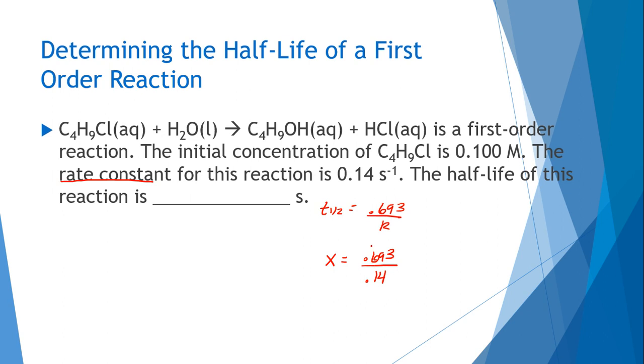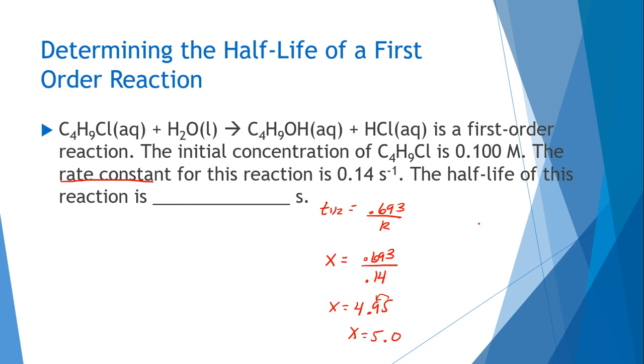Here you can just plug that into your calculator. And when you plug that in, you're going to get a long decimal, well, actually not that long of a decimal. You're going to get X equals 4.95. Because I do want only 2 sig figs in this problem, that 5 rounds the 9 up to a 0, so X equals 5.0.